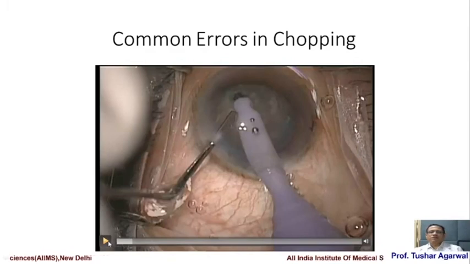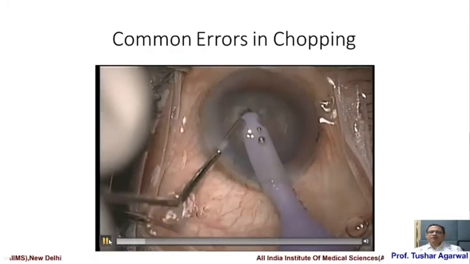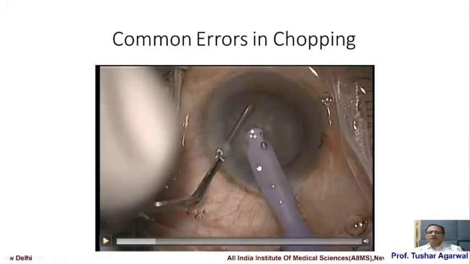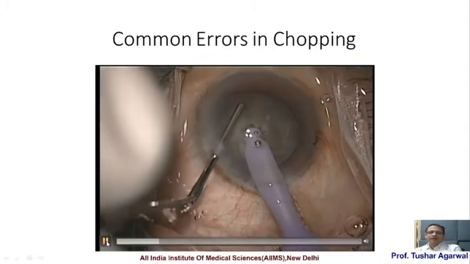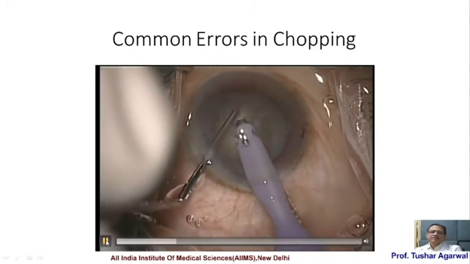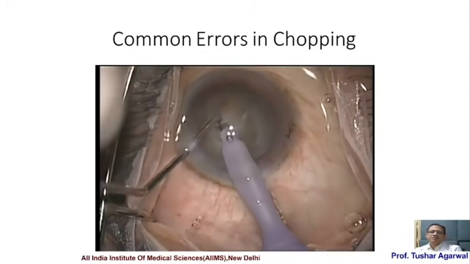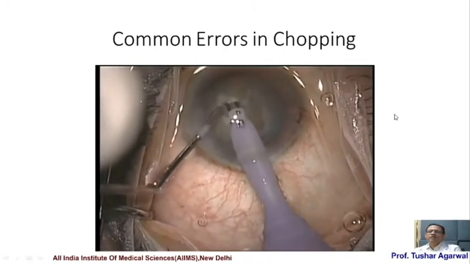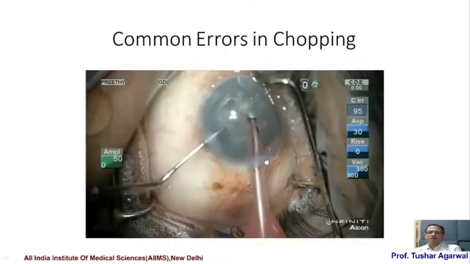So you see just the vacuum being given, that too in the periphery. The nucleus is brought anteriorly with the vacuum only. No phaco has been given because you didn't see any emulsion forming. And when you try to do chopping in this case, the needle will come off because it's not impaled in the nucleus with the help of phaco energy.